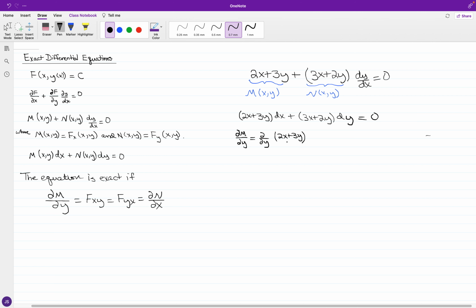The partial derivative in y of 2x is negligible, and that of 3y is equal to 3.